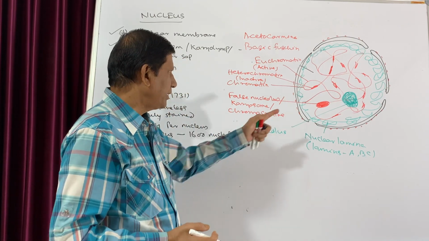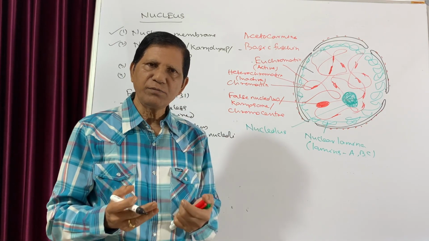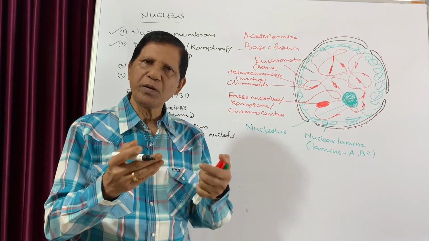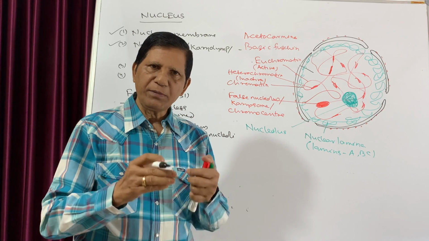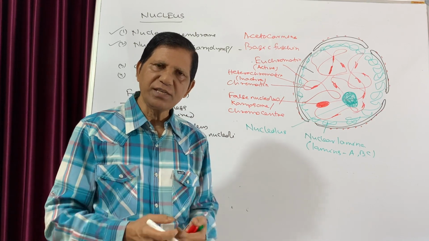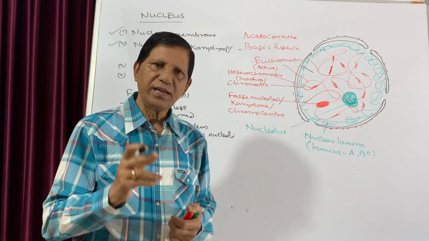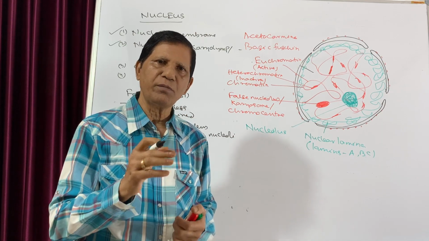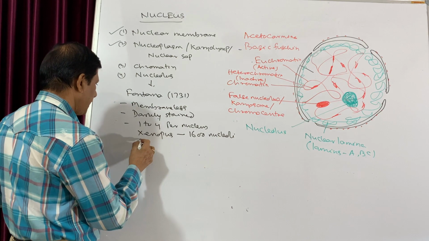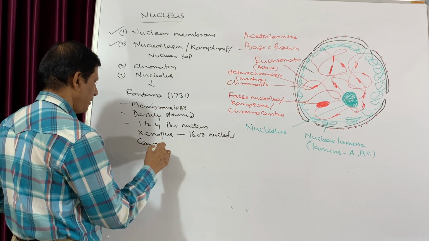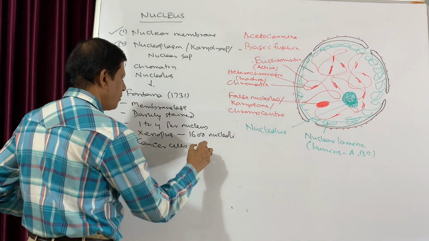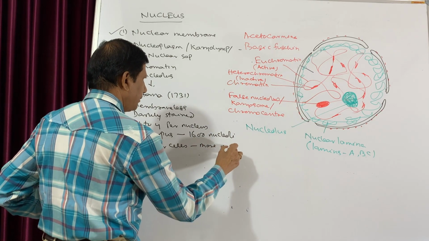Because the nucleolus gives rise to ribosomes, and ribosomes are responsible for protein synthesis. That means the cells which are more active for protein synthesis, there will be more number of nucleoli. That is why in cancer cells there are more number of nucleoli.